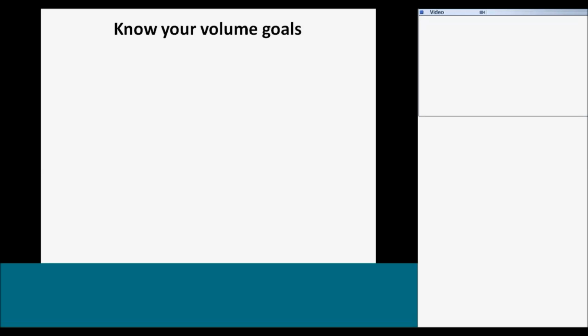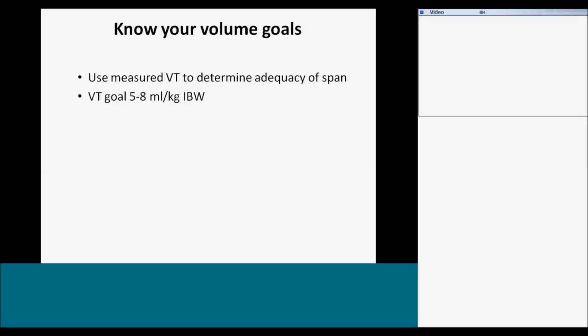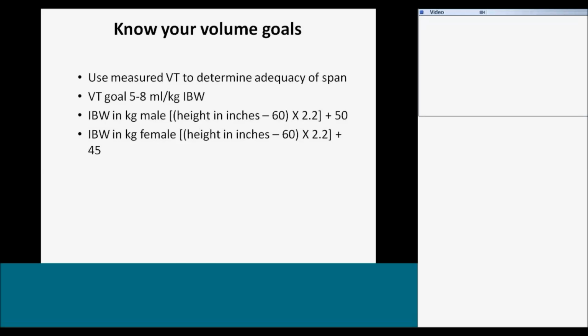Also, we are adjusting to volume goals. We're using our measured tidal volume to determine that we've got the pressure differential or span set adequately to meet the tidal volume needs of the patient. And our goal is 5 to 8 milliliters per kilogram of ideal body weight. So the formula for ideal body weight in kilograms for male is this here, and for female is this.